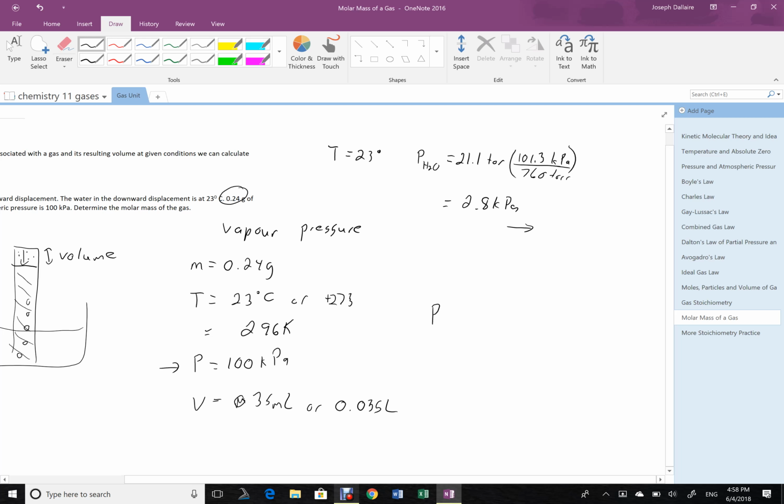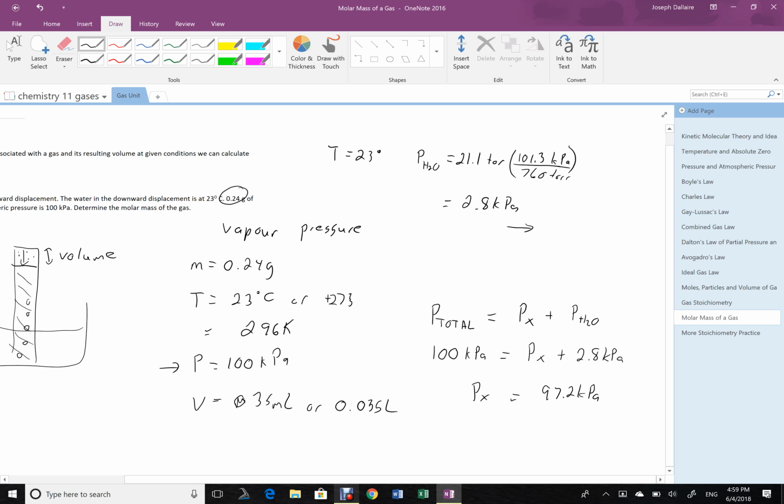So if I have my total pressure, that consists of pressure from, we'll say, gas X and pressure from the water, or H2O. So if my total pressure is 100 kilopascals, then that is a combination of my gas of interest plus water at 2.8 kilopascals, meaning my gas of interest is 97.2 kilopascals of that total pressure.